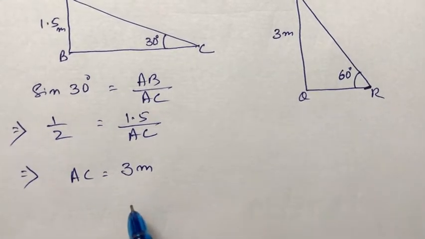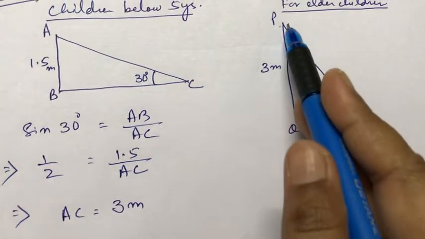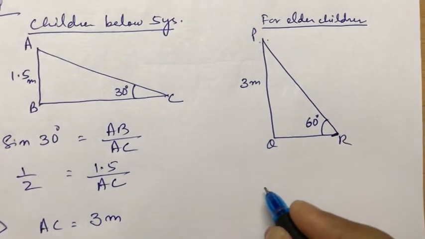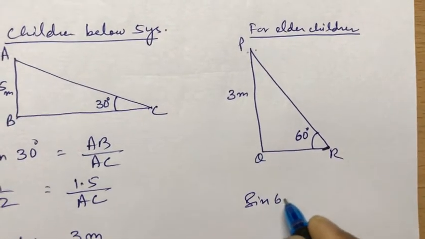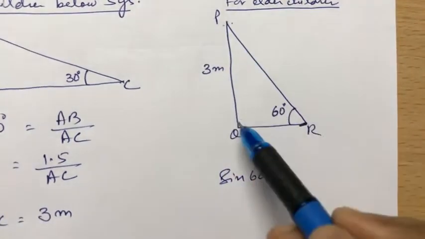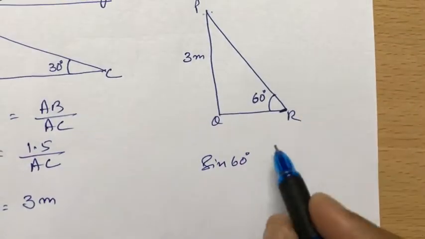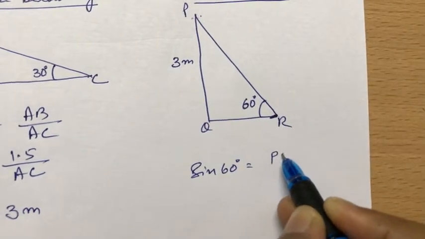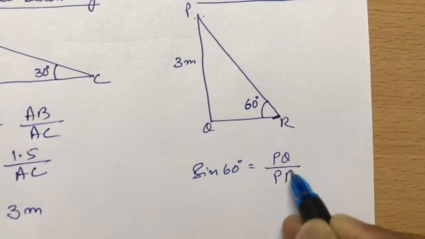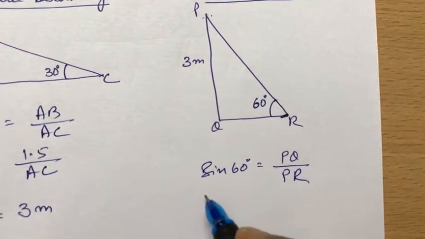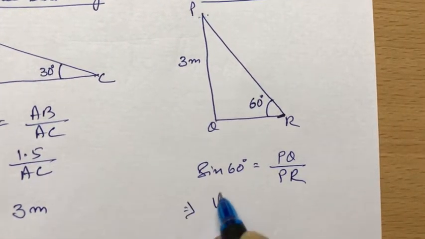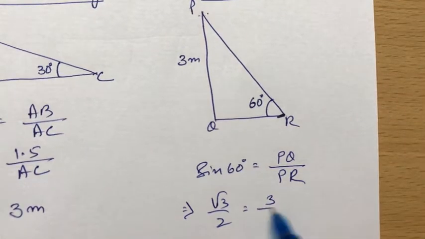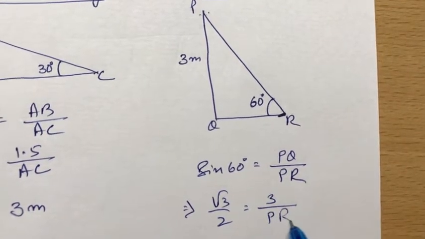Similarly, for this particular triangle PQR, which ratio will you use? Again sine 60, because this perpendicular is given, and we want to find out the hypotenuse. Sine 60 is equal to PQ by PR. What is sine 60? It is root 3 by 2. And what is PQ? It is 3 by PR.